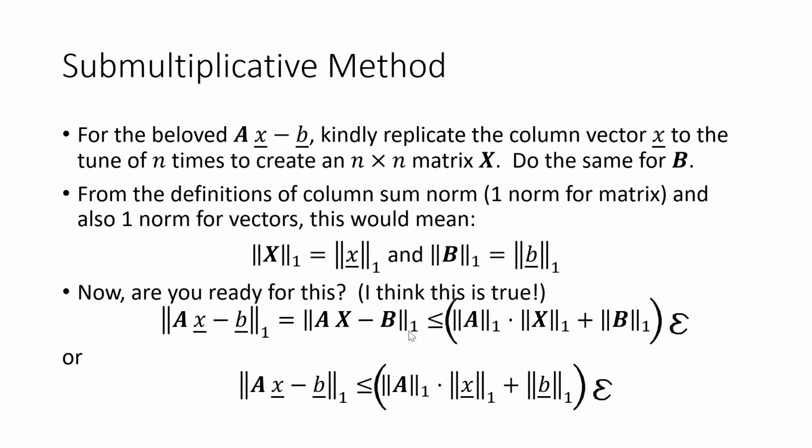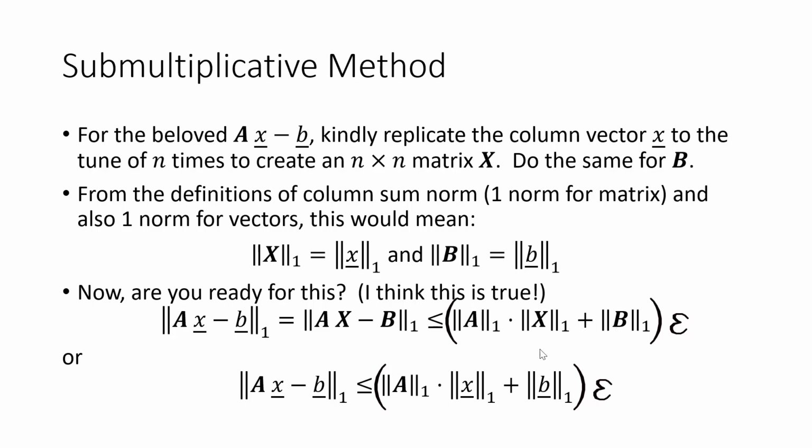And then I'm ready to bring in the submultiplicative method to say that this norm is going to be less than or equal to the 1 norm of matrix A times the 1 norm of matrix X plus the 1 norm of matrix B.